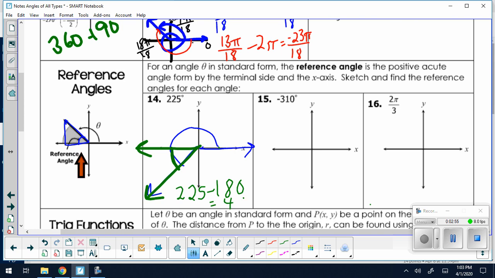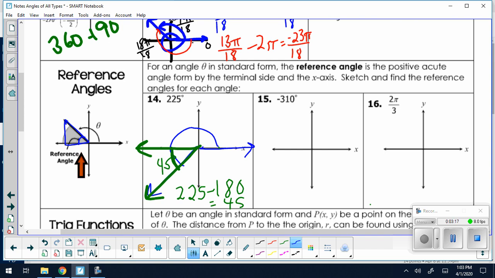That is our reference angle. All right, let's do another one. We're going to do all three of these, and then we'll worry about doing a few practice problems later.